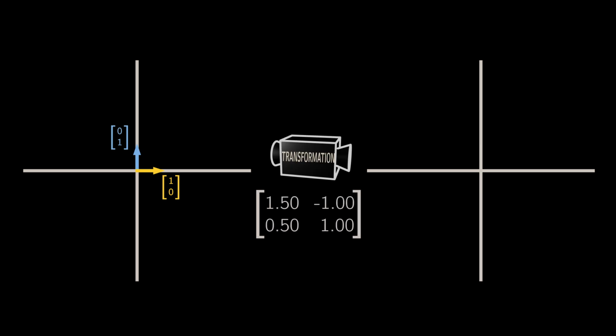First, we consider transformations from R2 to R2. Observe that when we know the transformation of the basis vectors in our domain, we know where everything goes in the codomain. After all, any vector can be described as a linear combination of the basis vectors.